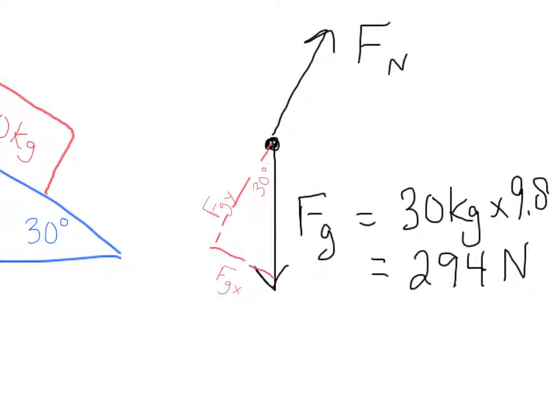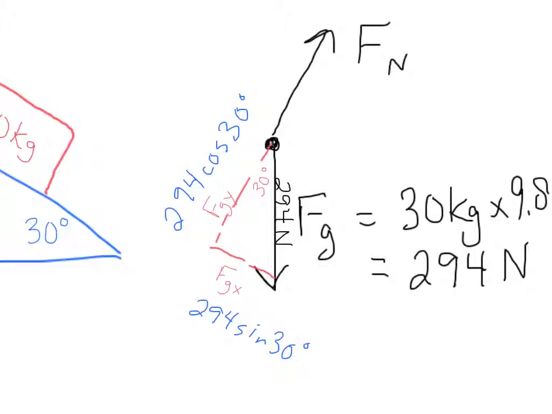Now that I know I have one side here that is 294 newtons, I can solve for those other two sides. So I'm going to use sine and cosine. For x, it's going to look like 294 sine 30 degrees. And on my y side, it's going to be 294 cosine 30 degrees.